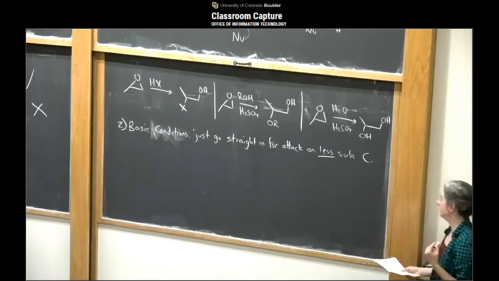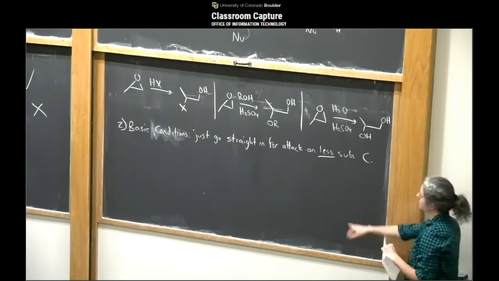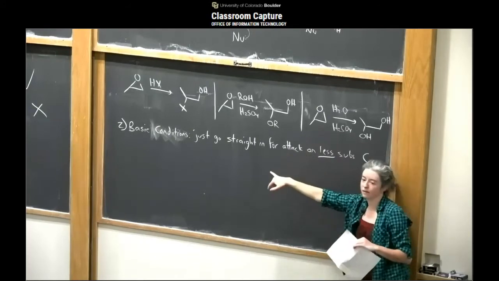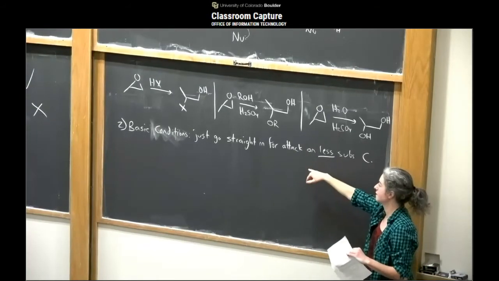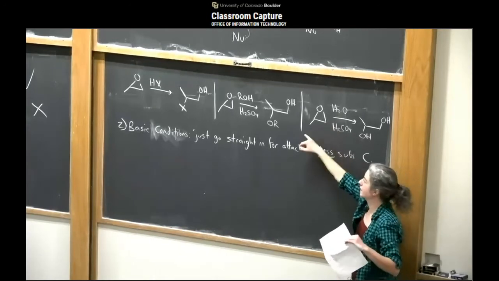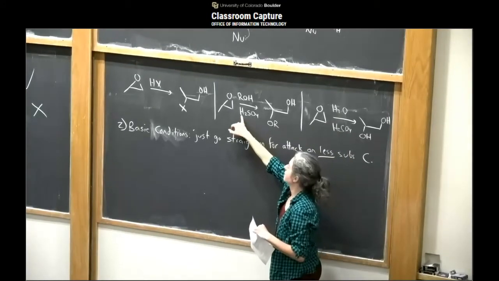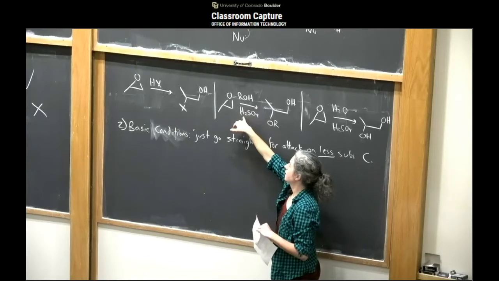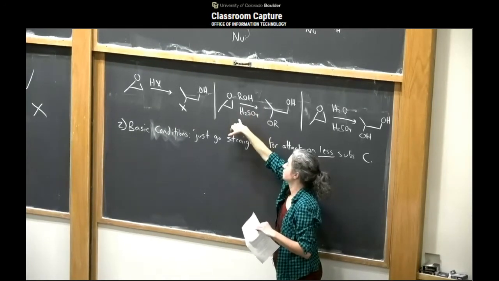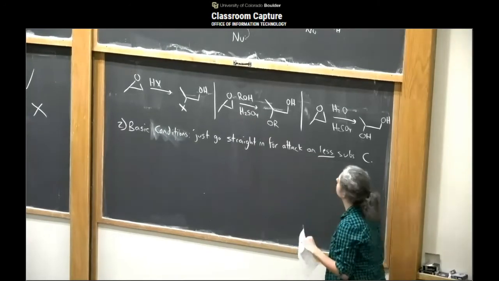Okay. So you can go straight in for the attack in this case without protonating the oxygen. A lot of the times the nucleophiles that you use for this are going to be stronger than the nucleophiles up here, which makes sense, right? Like here you're kind of limited by whatever nucleophiles you have to be existing in the presence of acids, so none of them are going to be super strongly negative charged or anything.